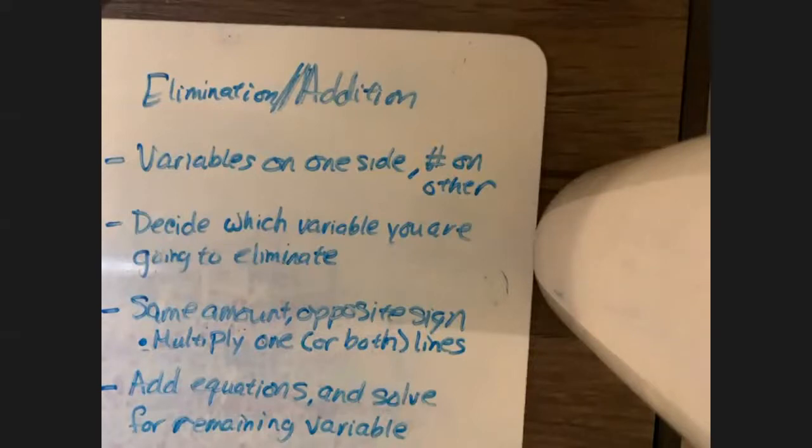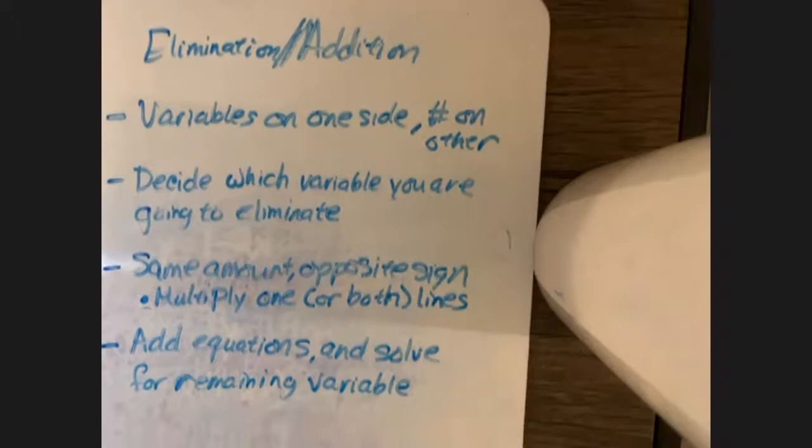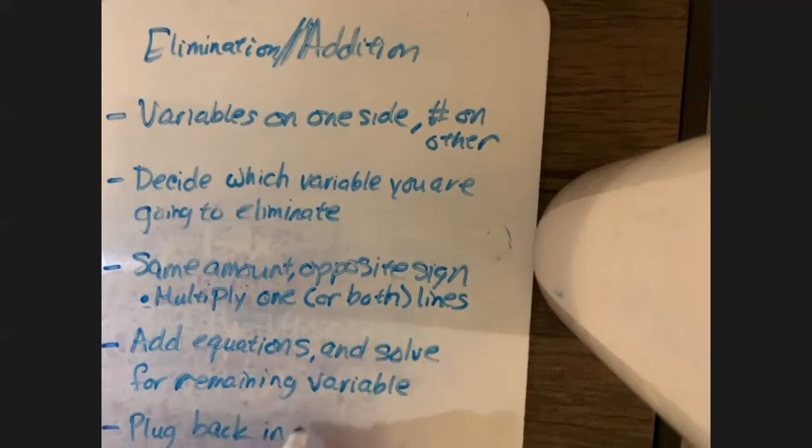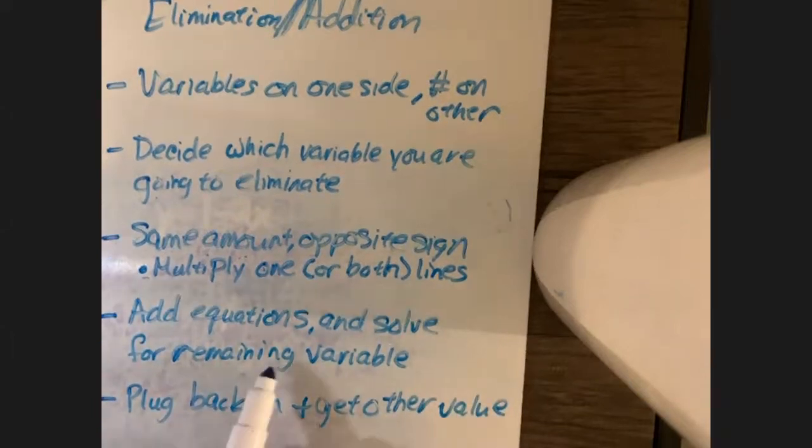Then we're right back with 6x equals whatever. Solve for x. Take that answer, plug back in, and get the other value. Once you know this answer, like what we saw in the substitution one, we're going to plug that back in and work with that.